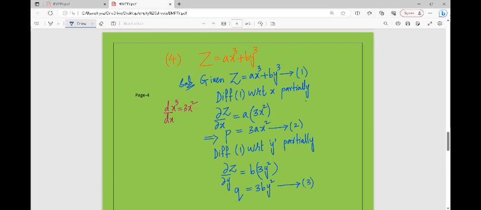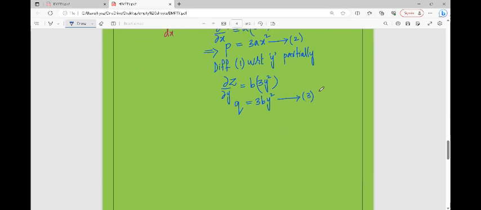इक्वेशन नंबर 2 और 3 को 1 में यूज करेंगे. Using 2 and 3 in 1.